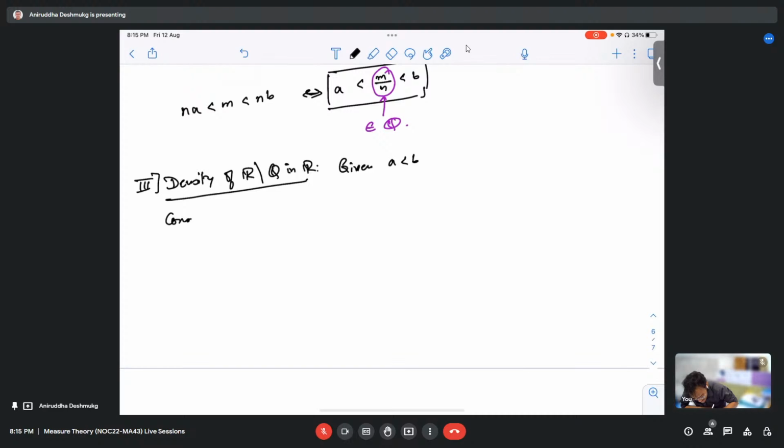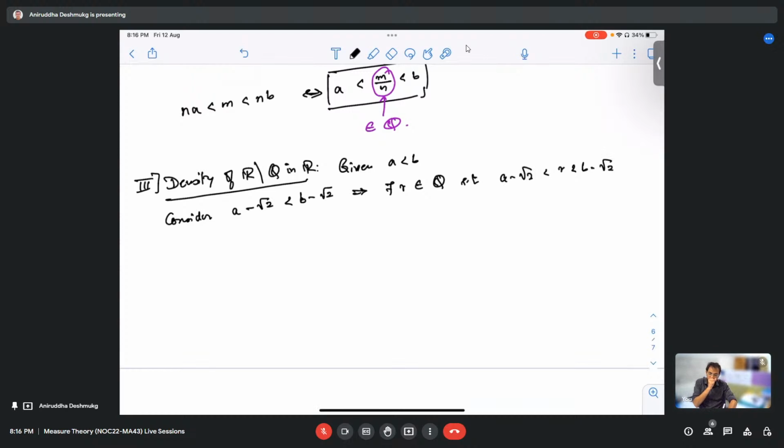So consider a minus root 2 and b minus root 2. So a minus root 2 is less than b minus root 2. This would imply that there is a rational number r such that a minus root 2 is less than r is less than b minus root 2. Right? Yes, sir. Okay. But now we are done.